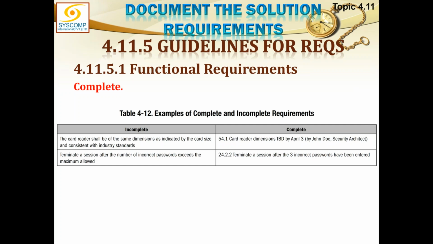Terminate a session: incomplete statement. Terminate a session after the number of incorrect passwords exceeds the maximum allowed. What is the maximum allowed? How many times can he try? So: terminate a session after 3 incorrect passwords have been entered.